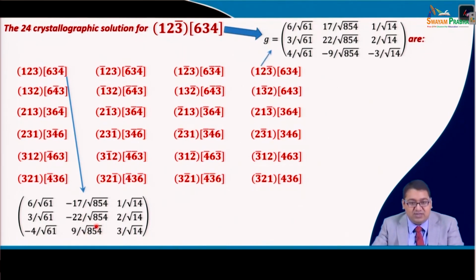If we take another one, which is this one, there is a subtle change here, 6 divided by root of 61, 3 and 4, right. On the other hand, 1, 2 and minus 3, and of course, it will happen like this because the positions of the Miller indices are changing accordingly for each of these 24 cases, right.